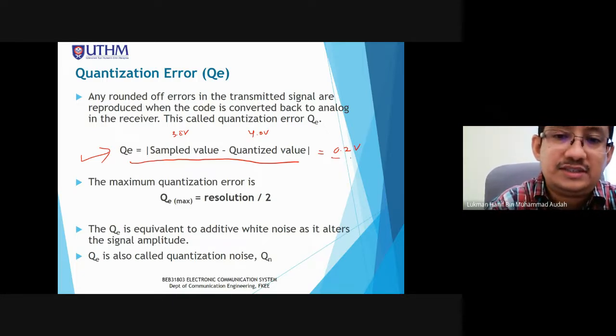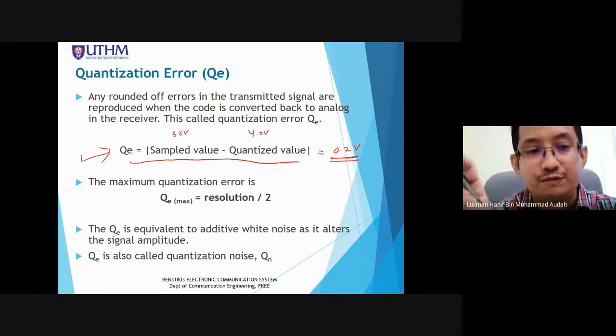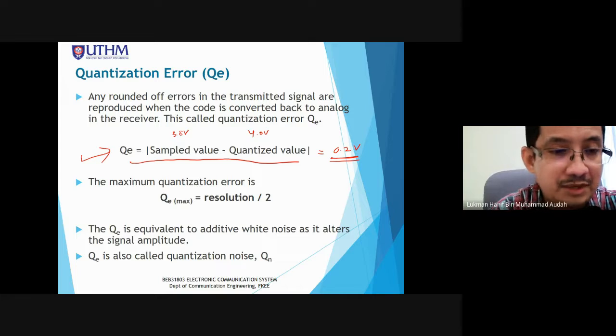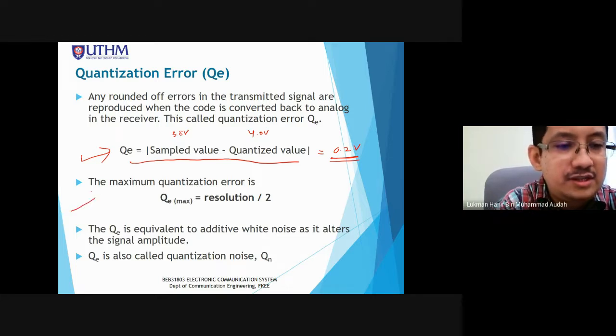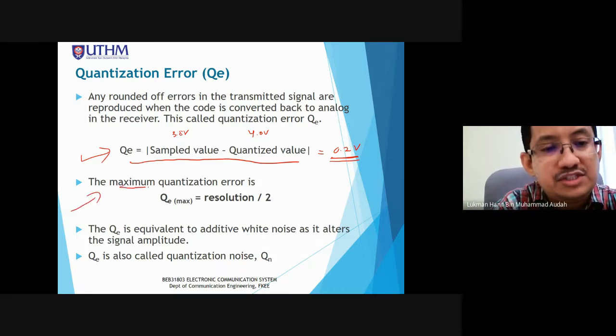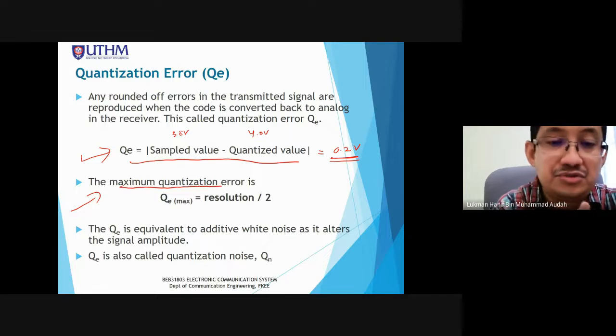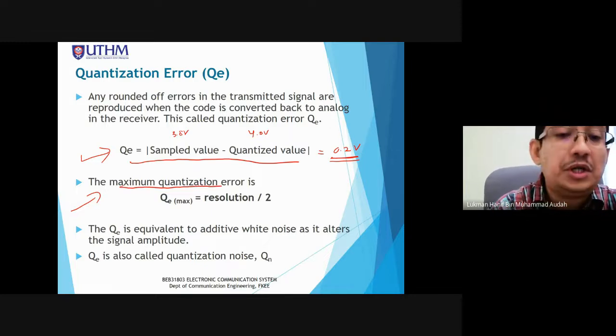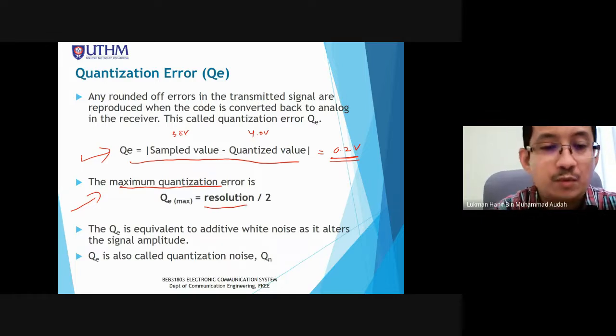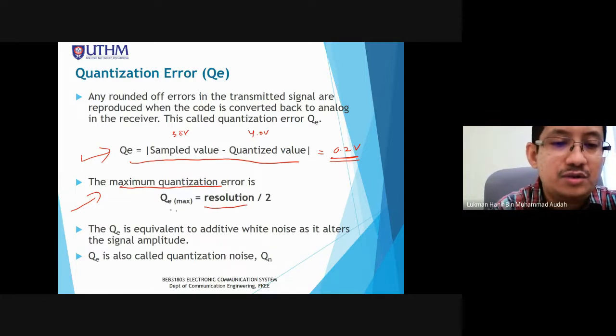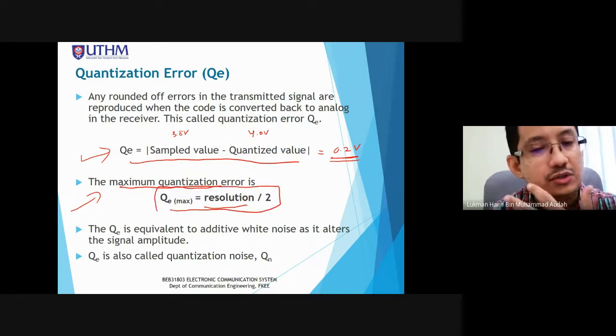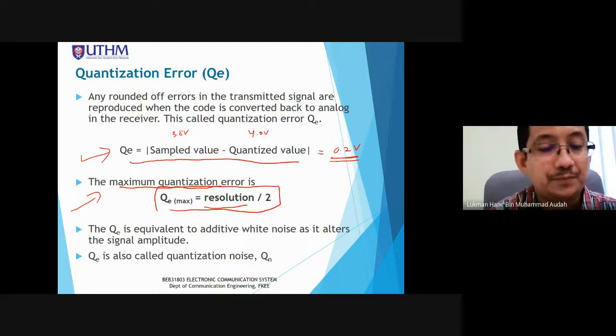So ini masih dalam QE ni dalam voltage sebab dia perbezaan antara voltage. Okay. And theoretically it is said that the maximum quantization error that you can produce is equal to resolution divided with 2. Okay, ini adalah QE maximum yang kita akan produce adalah resolution dibahagikan dengan 2.